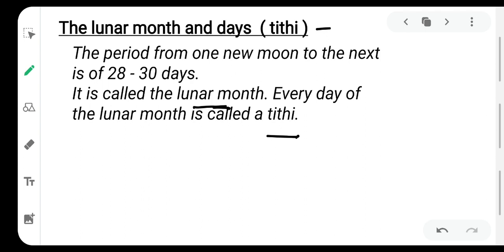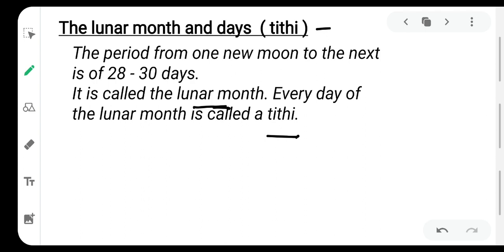You know na, that it takes 14 or 15 days from new moon to full moon. This is the fourth night of the waxing moon. And after the full moon, the moon appears smaller and smaller. And after 14 to 15 days, it is new moon again.